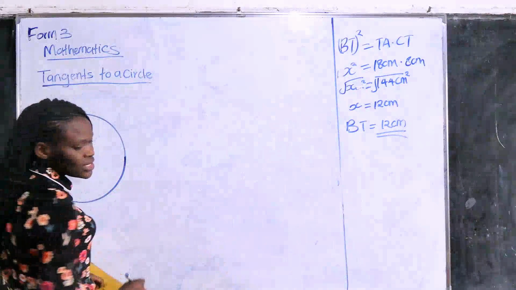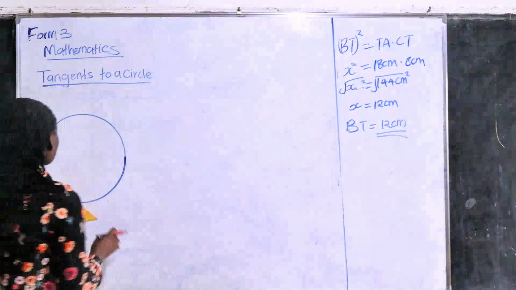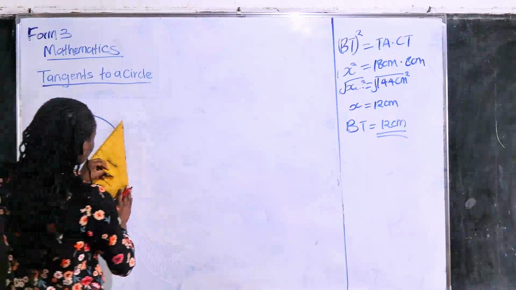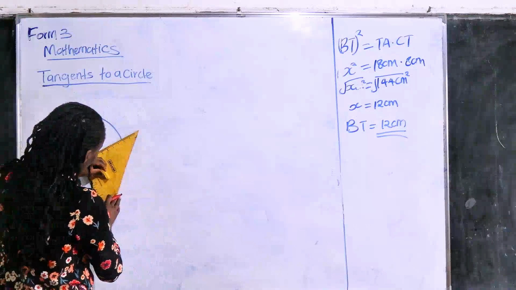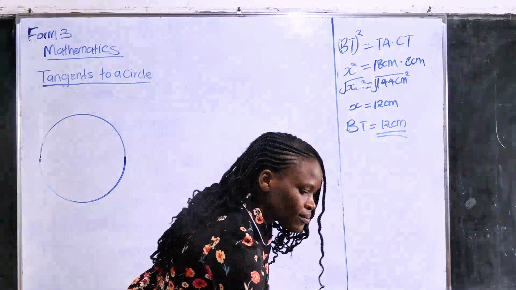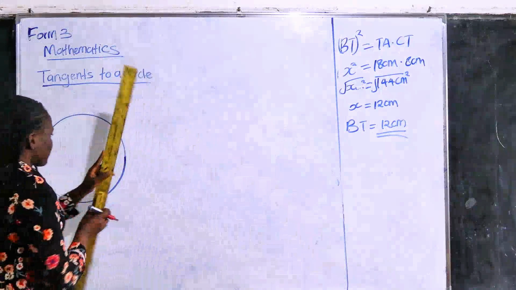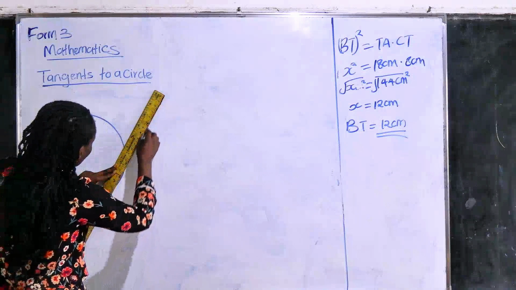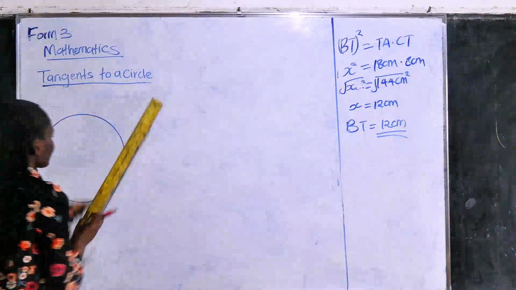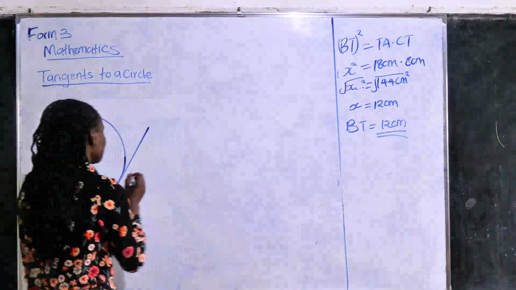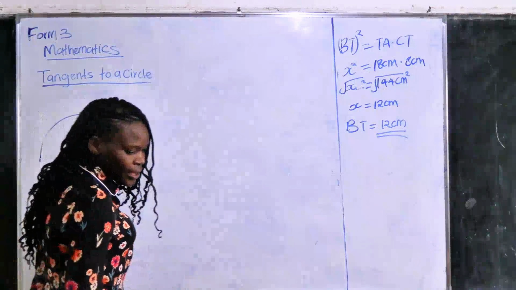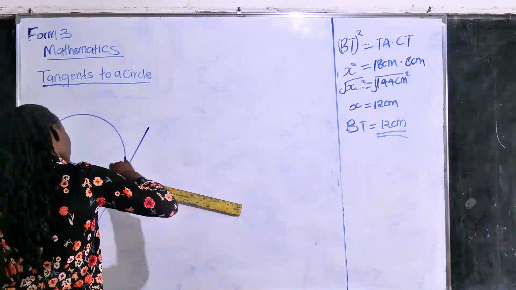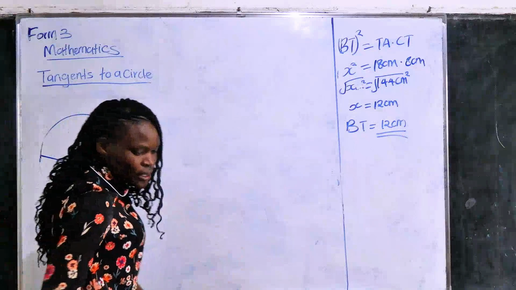The tangent is B, and we have the diameter, that is also a chord, that is A.